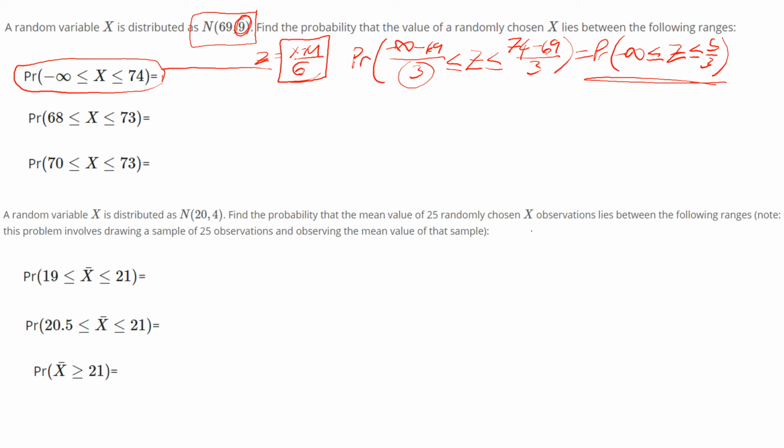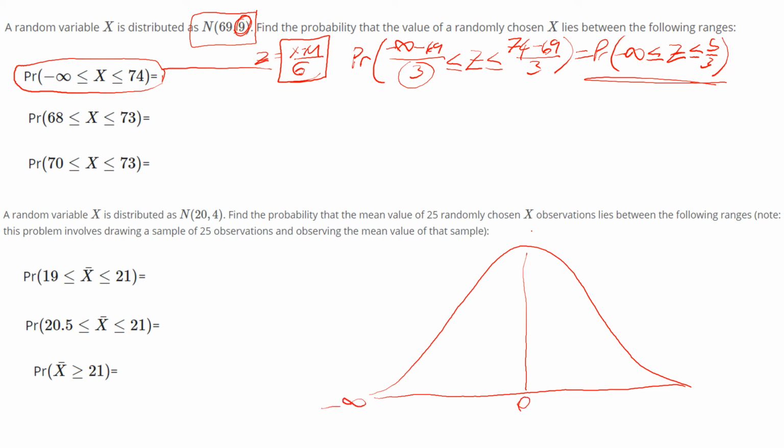If we make a graphical representation of this problem, this is our Z table with 0 over there, minus infinity over here, plus infinity on the other side, and 5 over 3 lying somewhere around there.